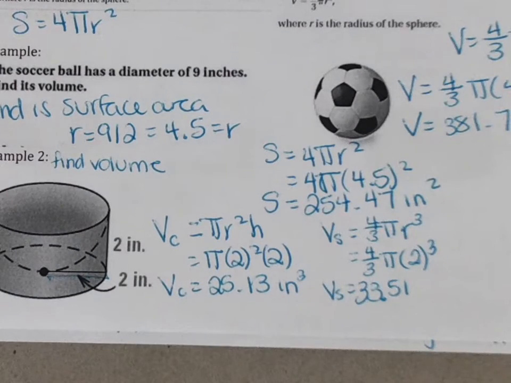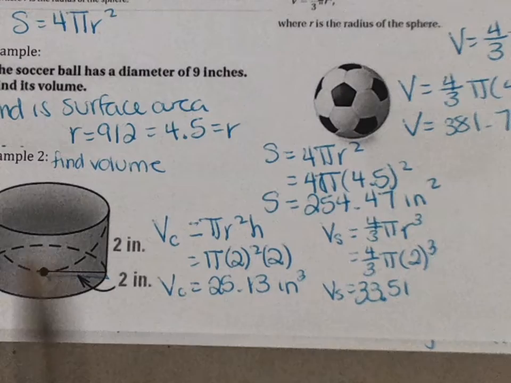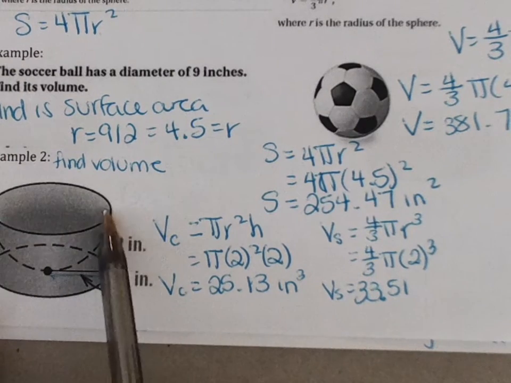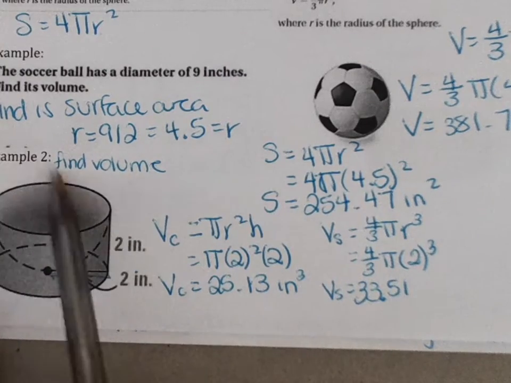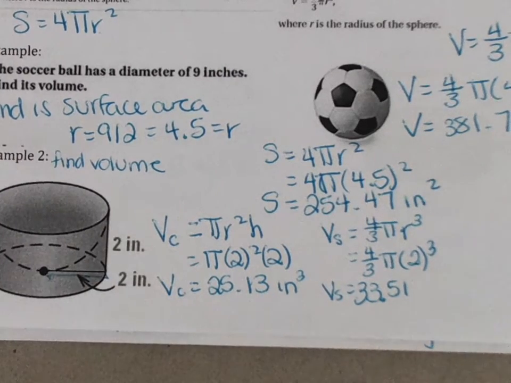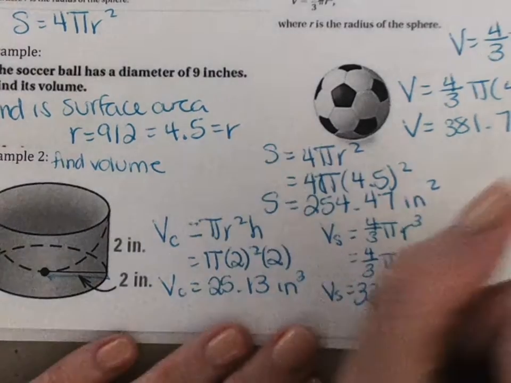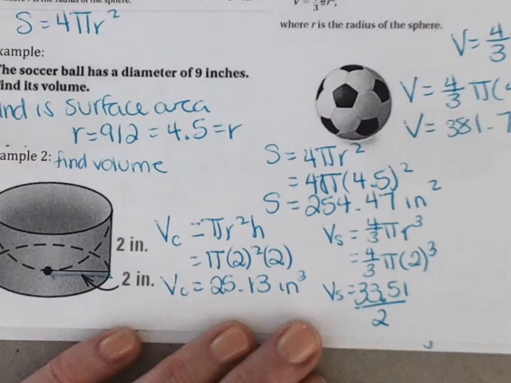So that's the volume of the sphere. But it's not a full sphere. This here would be a full sphere if it went outside, but it's only half of it. So I have to divide this by 2.